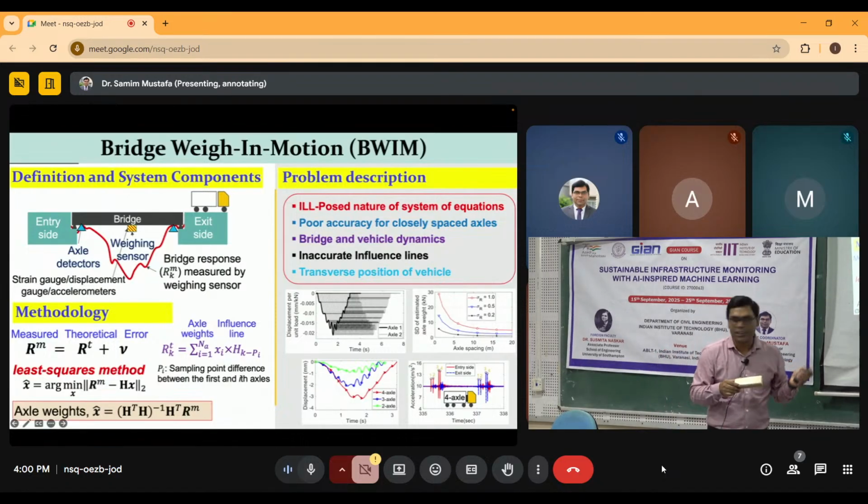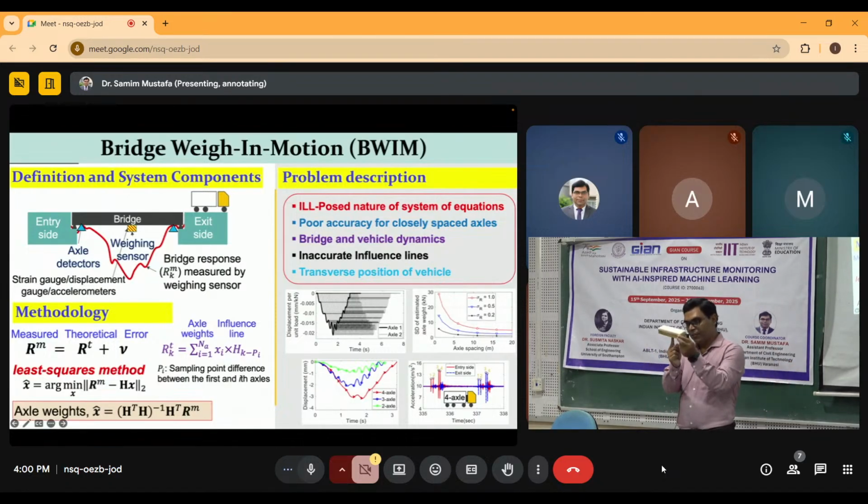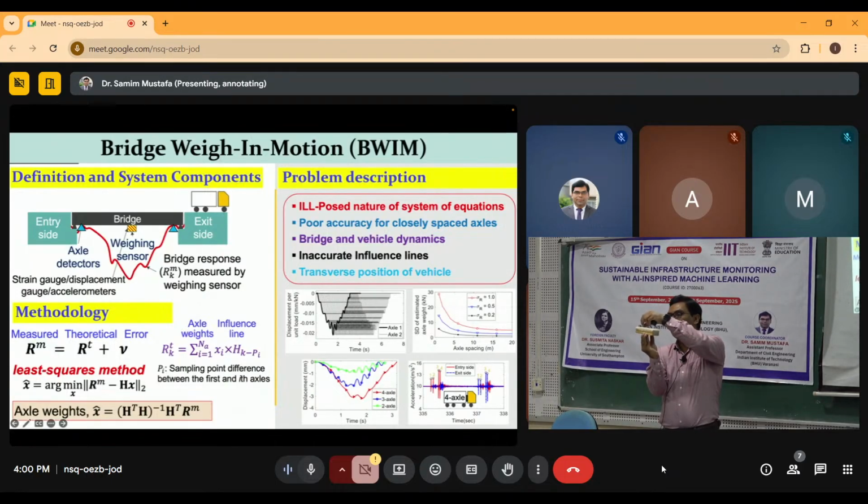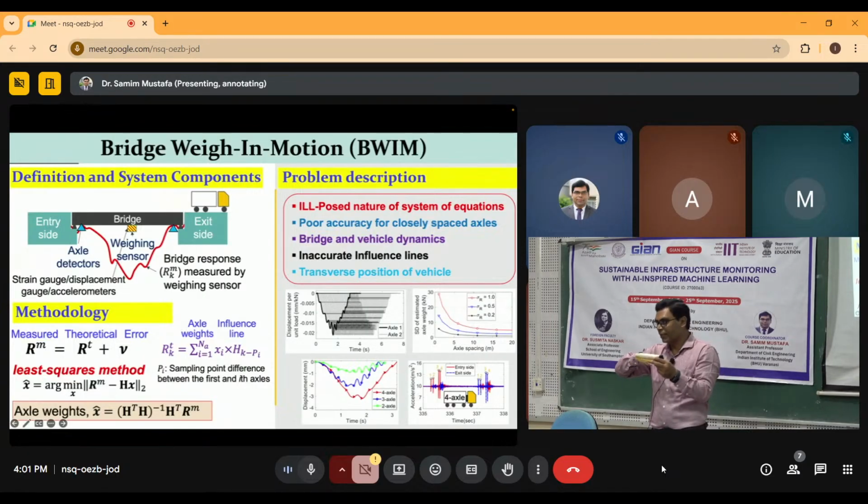Then the transverse position of the vehicle. Suppose you have placed a sensor over here. Now the vehicle is moving centrally, then you see a larger response. Now for some reason the vehicle is traveling sideways, then the response at that sensor will be lower, but the vehicle is probably the same, but it is moving away from the sensor. That's why the response changes. So that will cause errors.